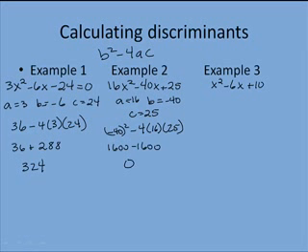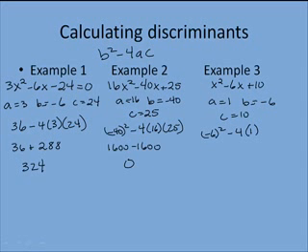And finally, example 3, a equals 1, b equals negative 6, and c equals 10. So our discriminant, b squared minus 4 times a times c, 36 minus 40, negative 4.